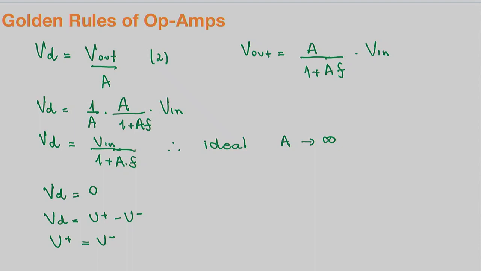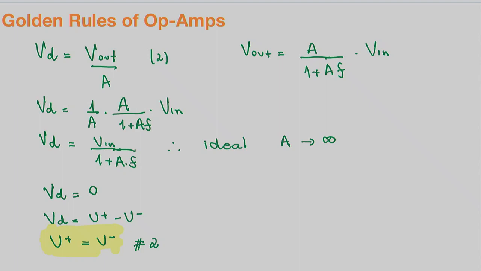This is golden rule for operational amplifier number 2. Pay attention to the ifs: if you have an ideal operational amplifier, the gain is infinite.